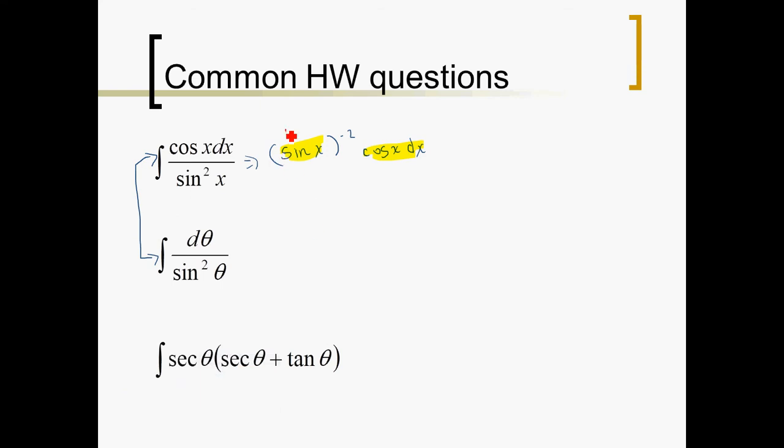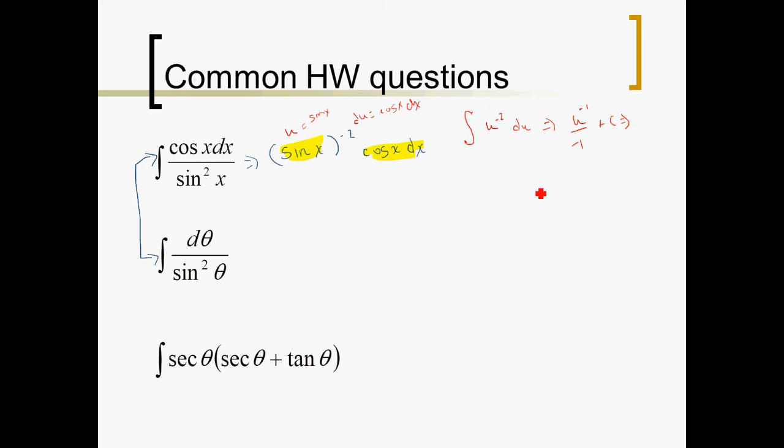So if this was my u, and the derivative of u with respect to x was cosine x dx, this could directly substitute, no manipulation necessary, u to the -2 du, and of course integrating meant power up, so -2 plus 1 is -1, divide by -1, no limits of integration, plus c.